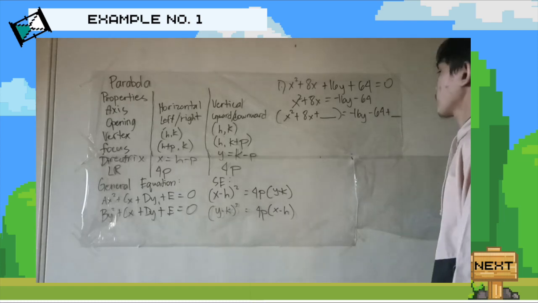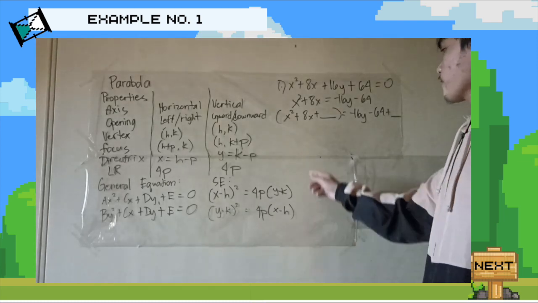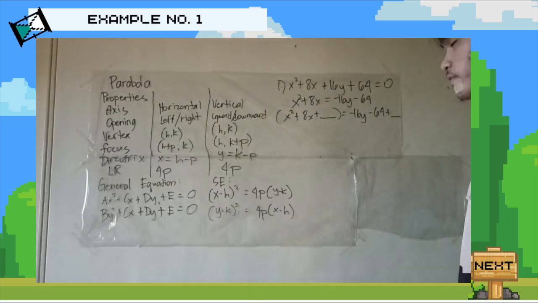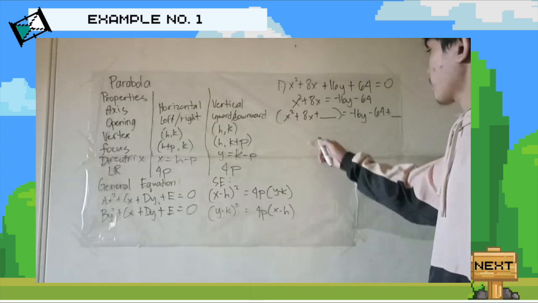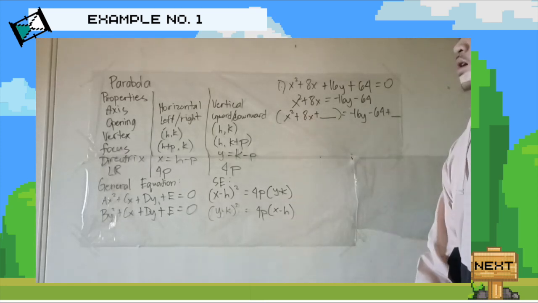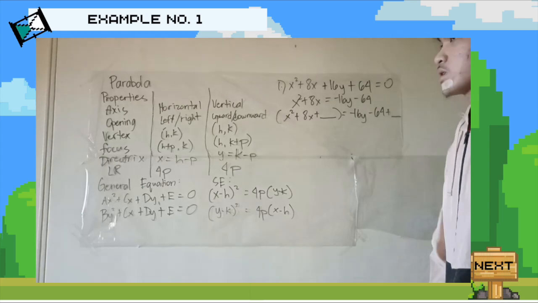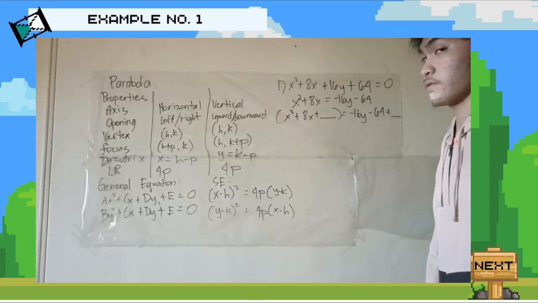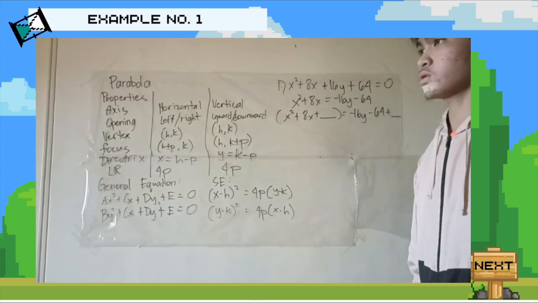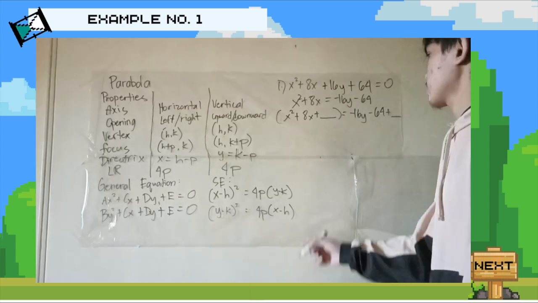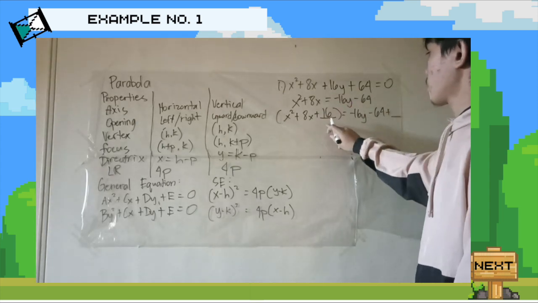Okay. So in order for us to get the perfect square trinomial, we should divide this 8 by 2 and square the quotient. So 8 divided by 2 is 4, and 4 squared is 16.